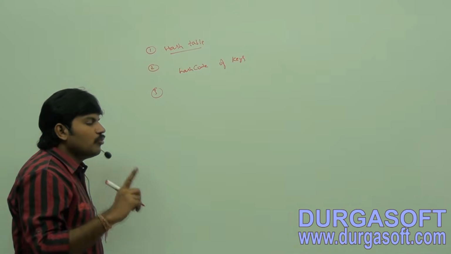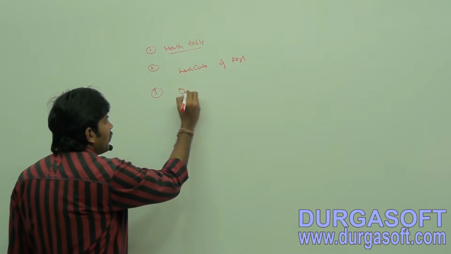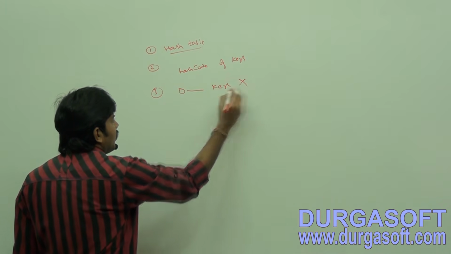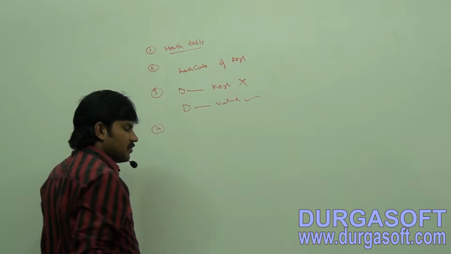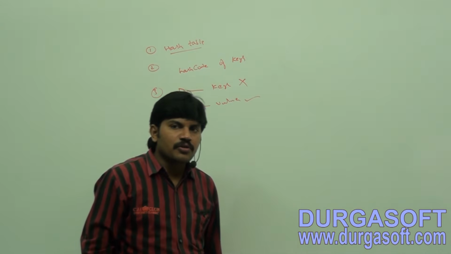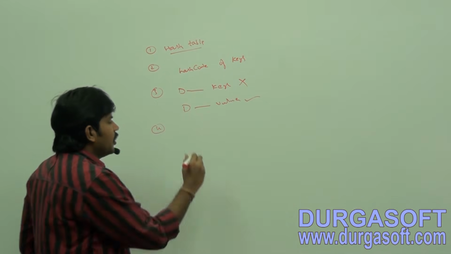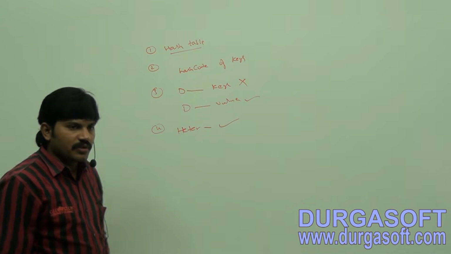All key-value pairs will be inserted by default. Next, are duplicate keys allowed or not allowed? Duplicate keys are not allowed, but duplicate values are allowed, no problem at all. Next, for both key and value, we can happily use heterogeneous objects. Heterogeneous keys are allowed and heterogeneous values are also allowed.